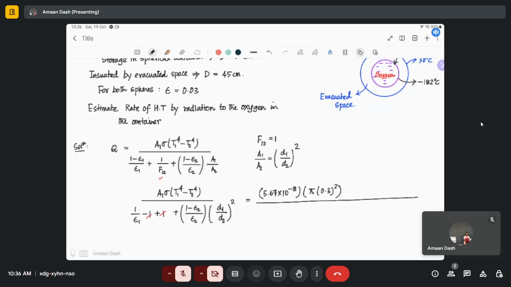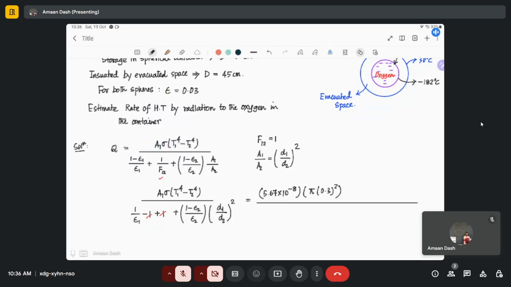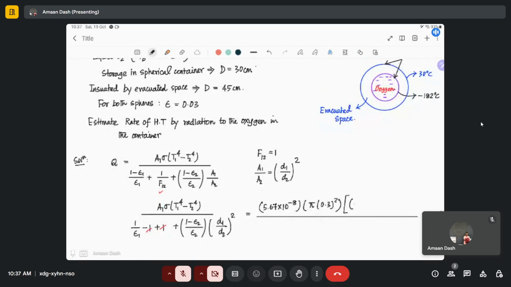Sorry, t1 to the power 4 minus t2 to the power 4. So that is nothing but minus 182 plus 273 to the power of 4 minus.